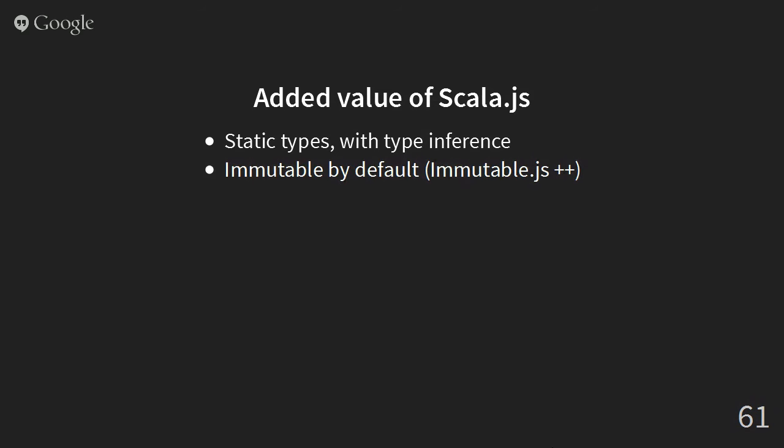The one true thing that I think makes Scala.js apart from ECMAScript 6 or ECMAScript 7, or as it seems to be like even ECMAScript 8, is that we're immutable by default. So it doesn't matter that it is possible to write functional immutable code in JavaScript. It is possible.